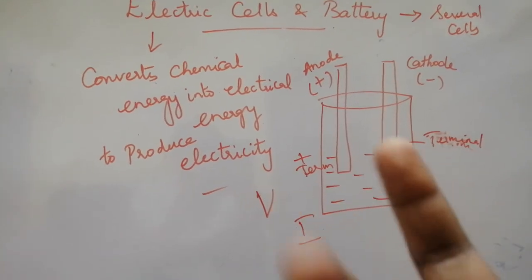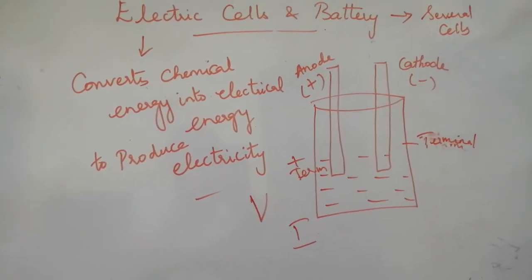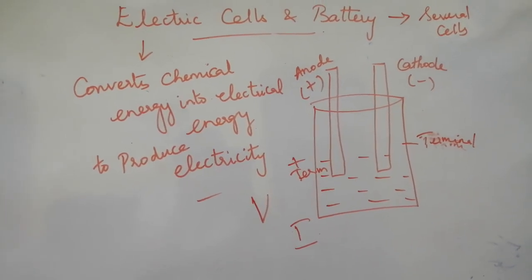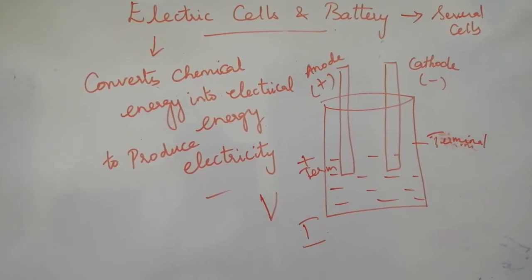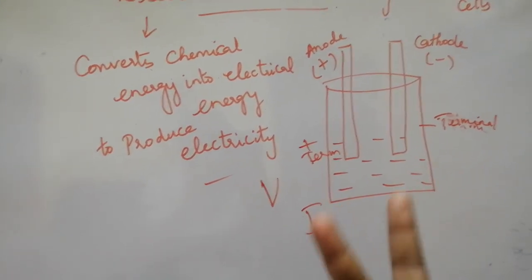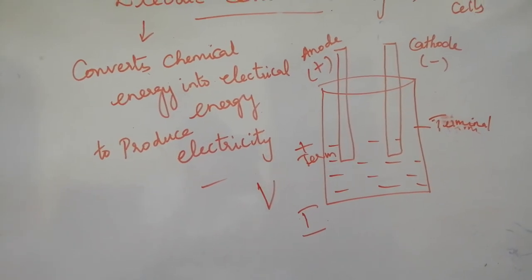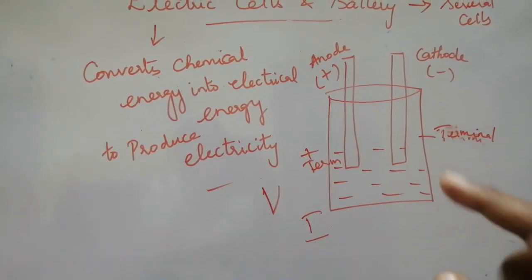This electric cell can be anything that has a chemical solution, say a chemical acid, inside a material. And if you have two different materials, one of positive kind and one of negative kind, you can create this kind of cell.